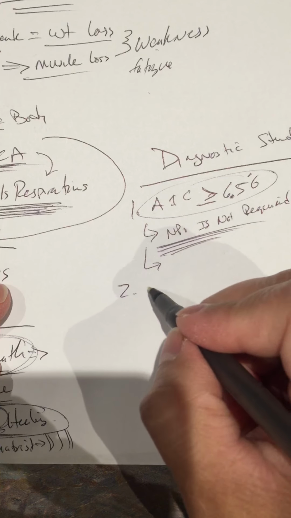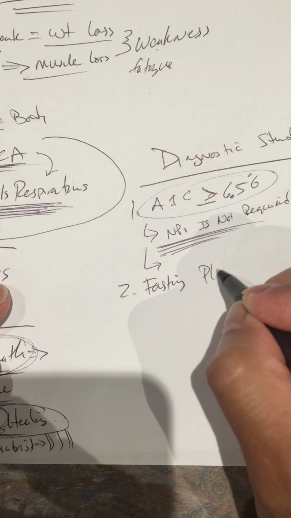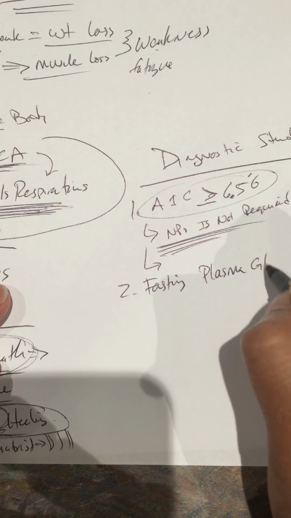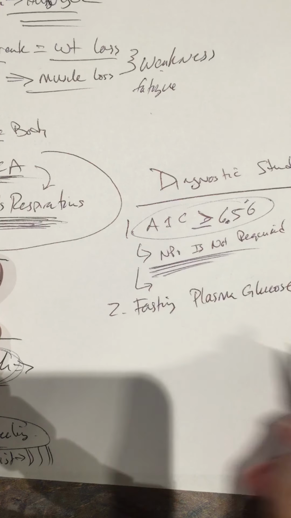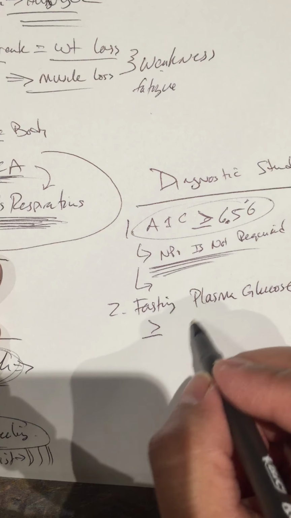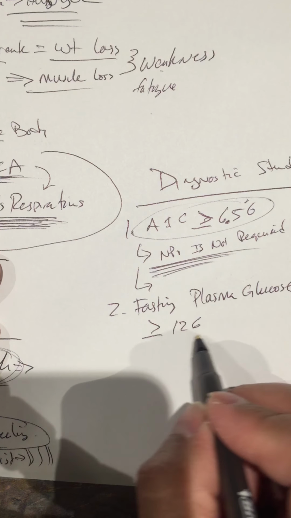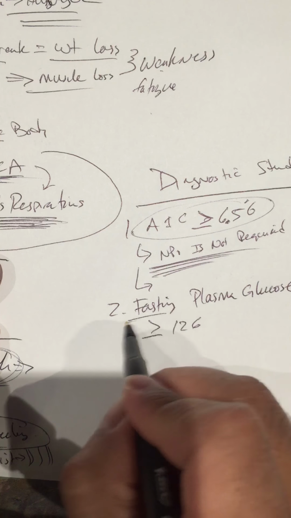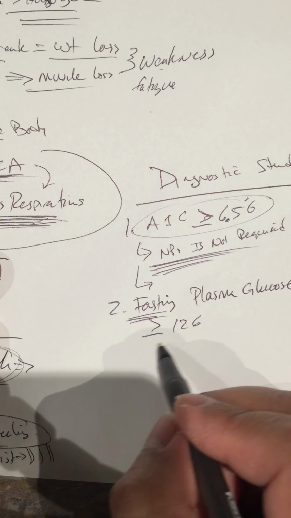Number 2, fasting plasma glucose. Now, this would be, again, fasting plasma glucose greater or equal to 126. Now, this is, again, fasting, so the patient should not have any caloric intake for a minimum of 8 hours.